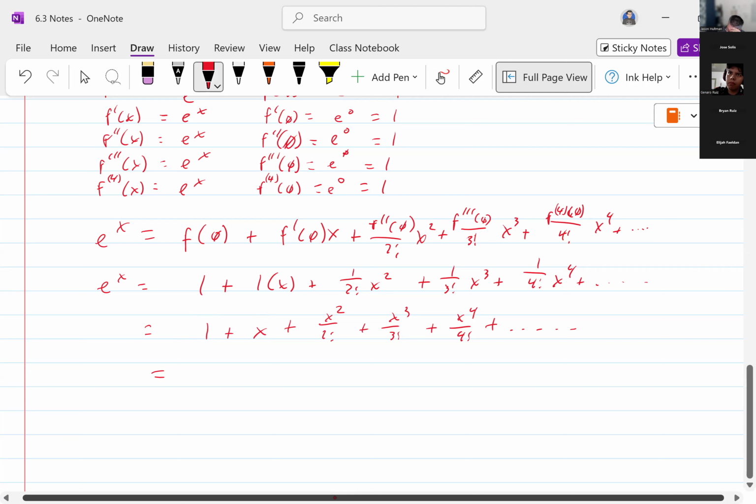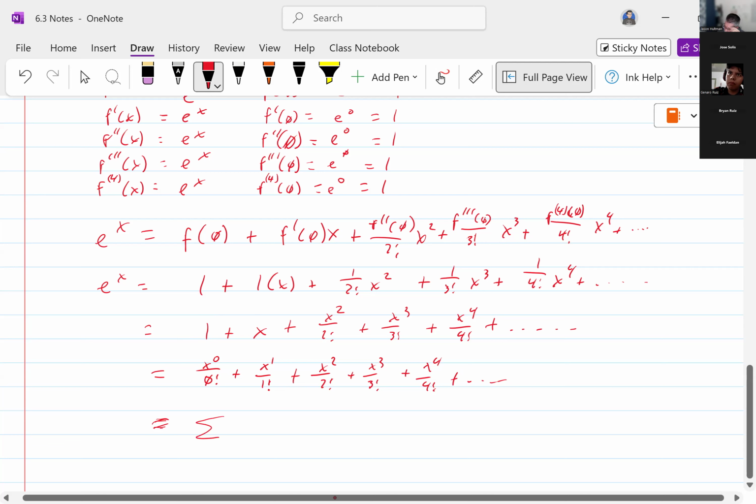This is going to be x to the 0 over 0 factorial plus x to the first over 1 factorial plus x to the second over 2 factorial plus x to the third over 3 factorial plus x to the fourth over 4 factorial plus dot, dot, dot. Can you see the pattern here?